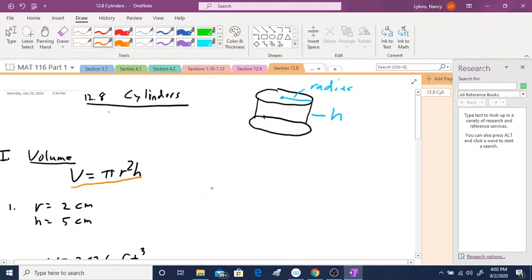So in my example number one, I give you the radius and the height, and all you have to do is put in 3.14 times the radius, which is 2 centimeters, but then I'm going to square it. Then I'm going to multiply by 5 centimeters.